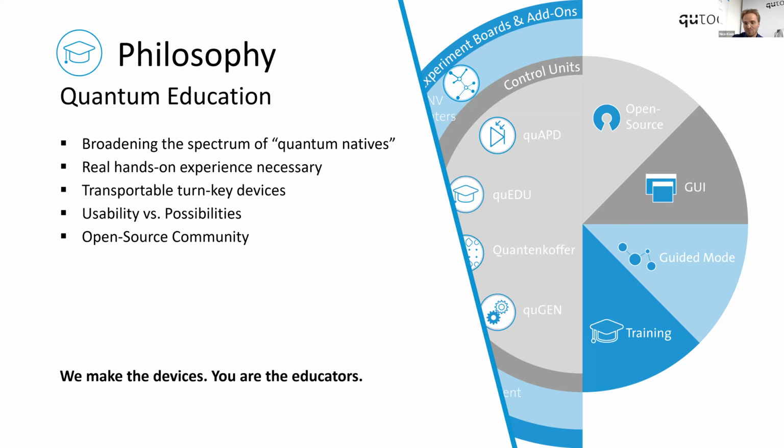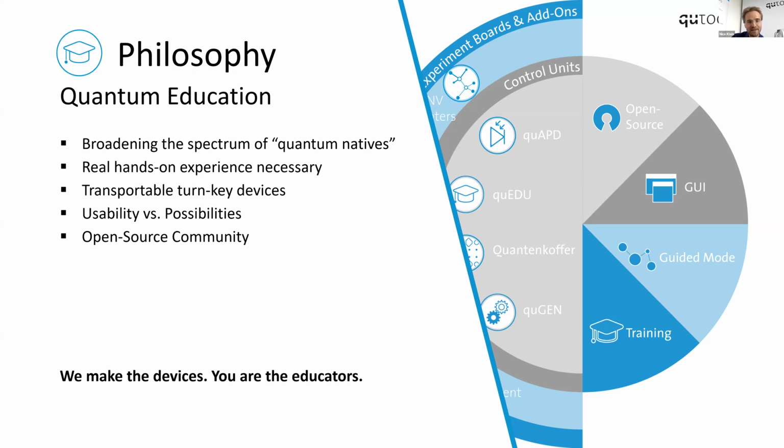So our hope is that we can create a community in the end to share on a GitHub platform their open source ideas, their code, and to make this kind of exchange between users possible as well. So the idea is we manufacture the devices, but you are the educators, and you can contribute to the actual educational, didactical idea of how to teach quantum best, I think.